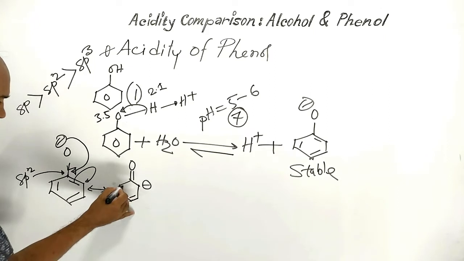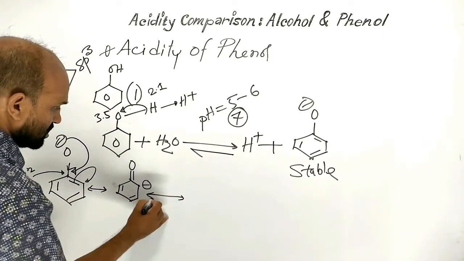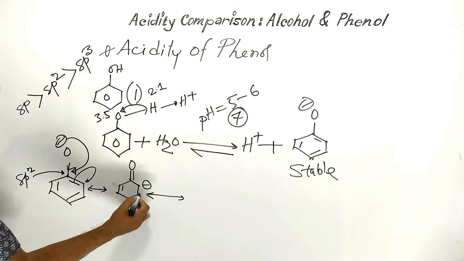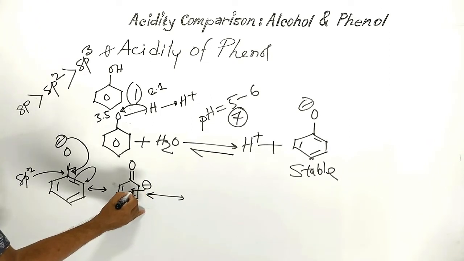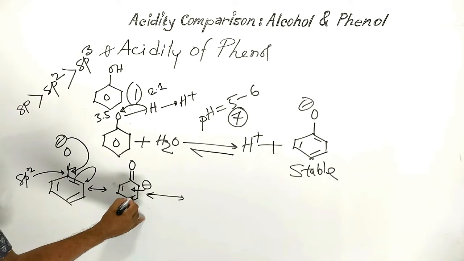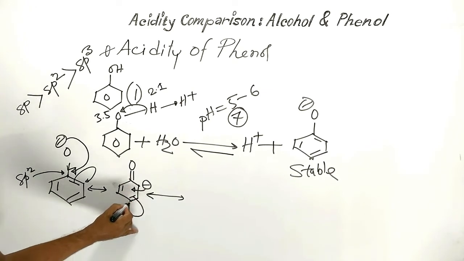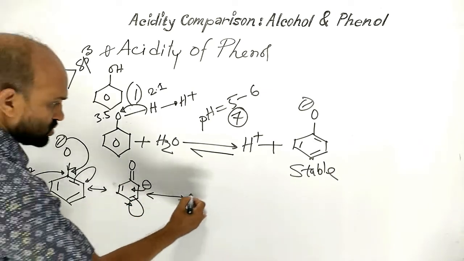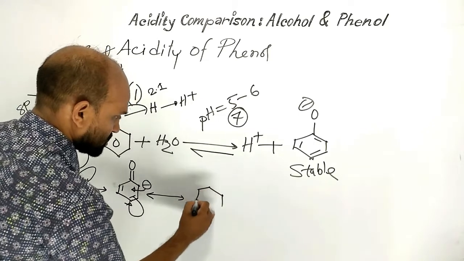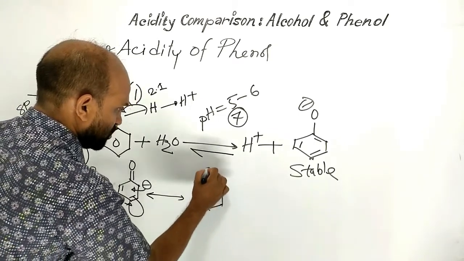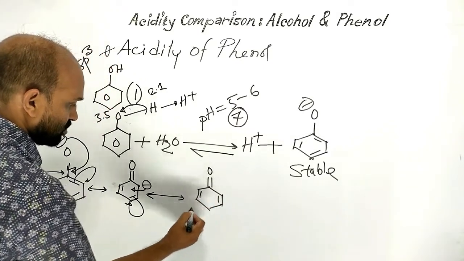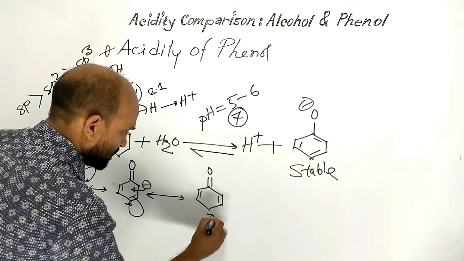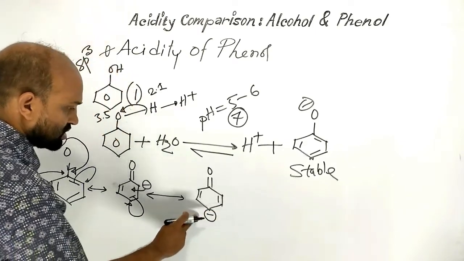Here double bond, here double bond. Another resonance structure is formed when these lone pair of electrons turn into bond pair, and this bond pair of electrons turn into lone pair. Double bond, oxygen, here double bond, here double bond. The para carbon gets electronically rich.